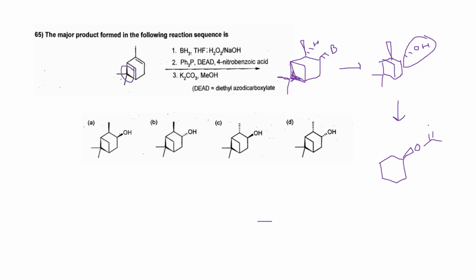Now in the next step, if you add K2CO3 and methanol, this ester part will be hydrolyzed and we will get our OH.